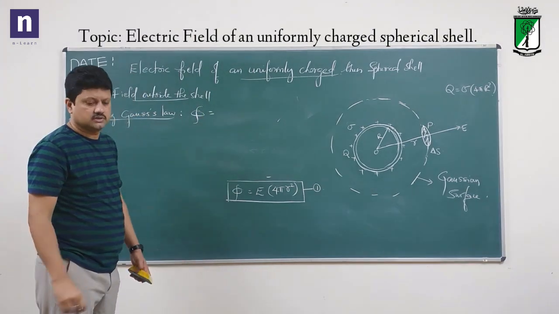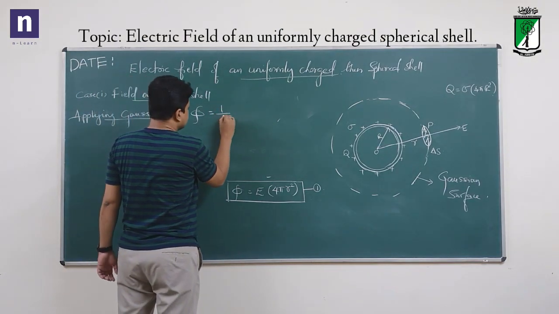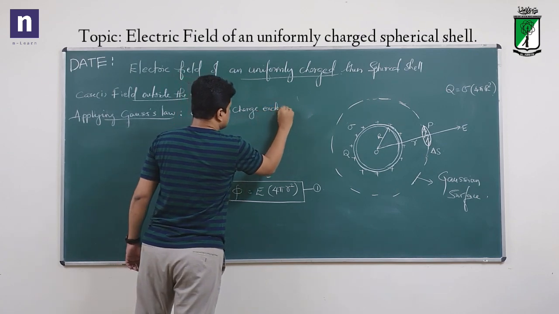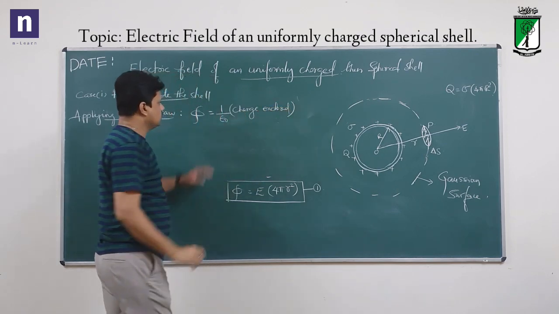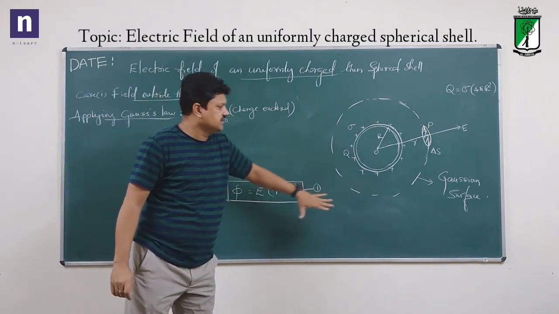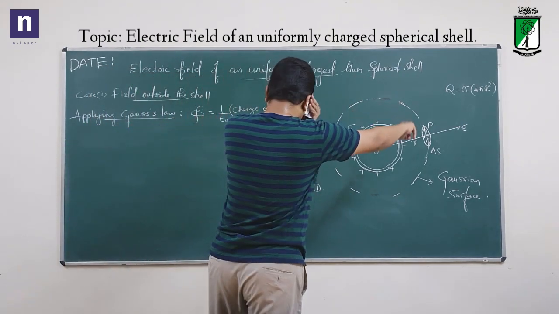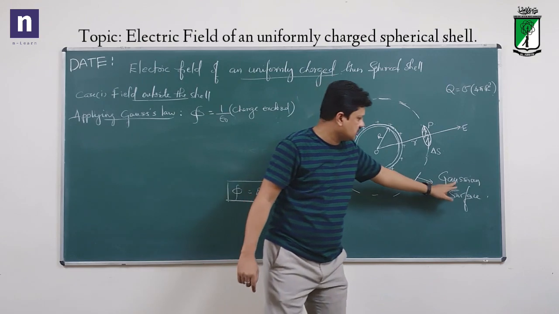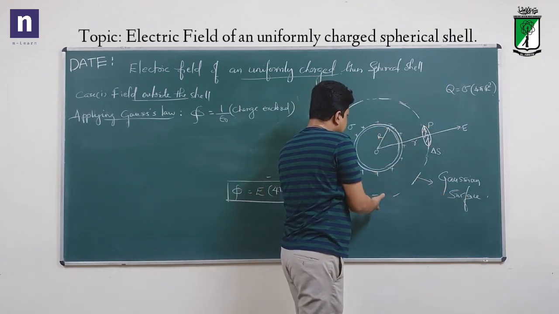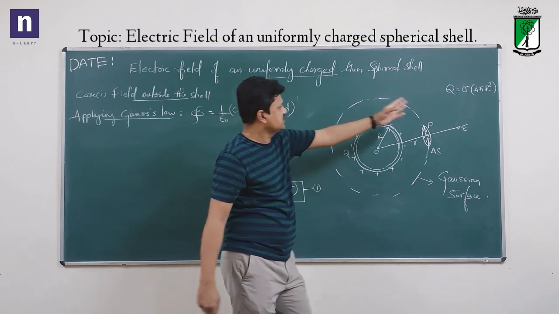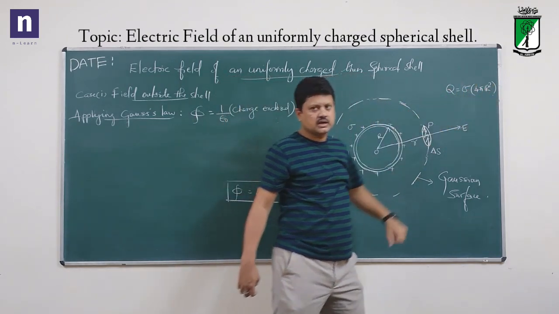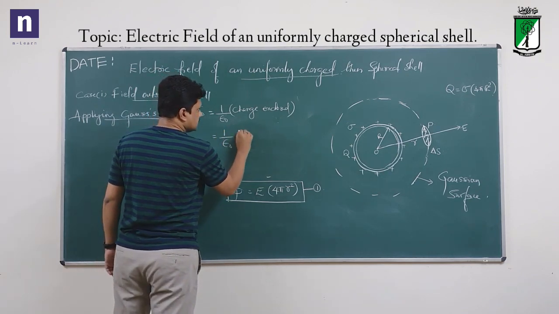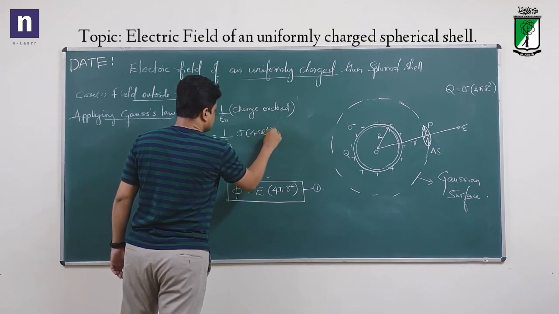Phi is equal to 1 by epsilon naught times the charge enclosed by the surface. So what is the charge enclosed by this imaginary surface, the surface we are talking about as the Gaussian surface? The total charge enclosed is Q here, which is sigma into 4 pi r square. So I will write here 1 by epsilon naught into sigma 4 pi r square.